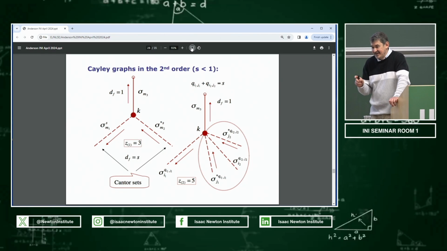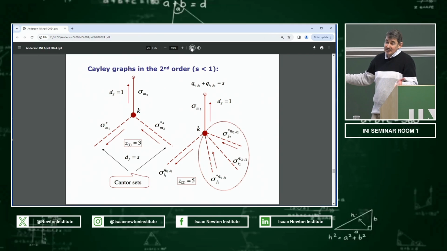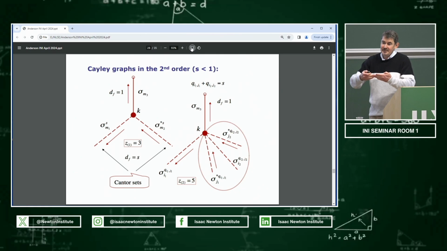But here, not exactly. If you look carefully into the terms of the expansion, you find that there are some special terms in it. And special terms are those which come with exactly the same fractional powers. And those terms represent identical wave processes. So their being identical means that you cannot distinguish between them.